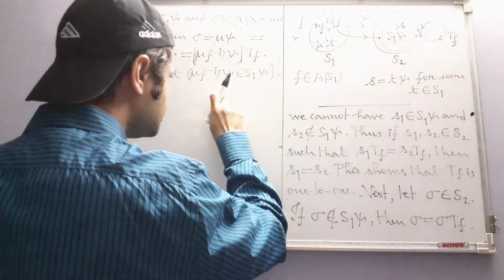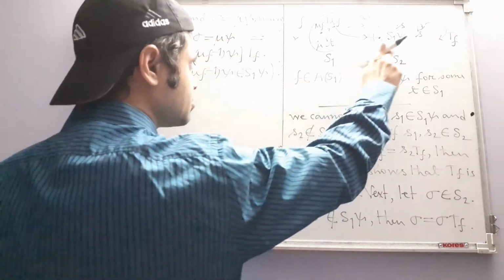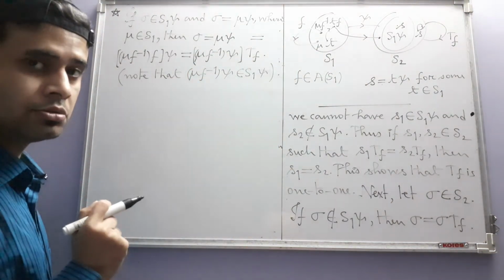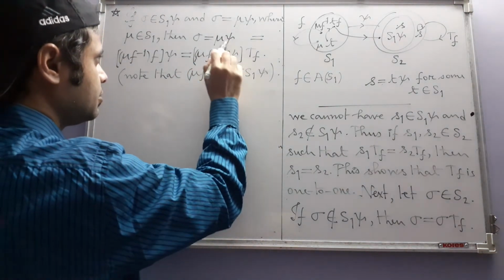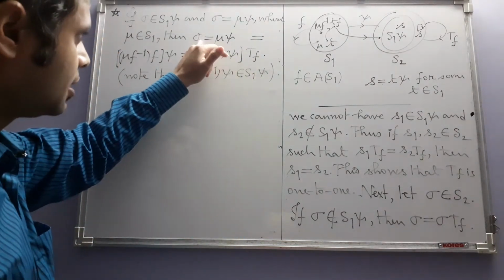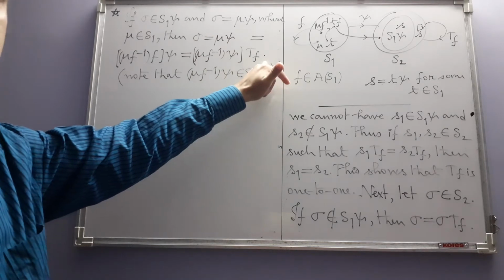Because this element is in S1 psi, automatically this element is also in S2, and that is the input for which the output is sigma under the map TF.